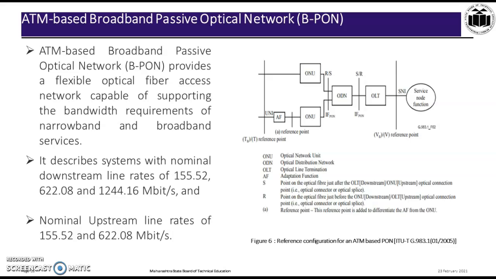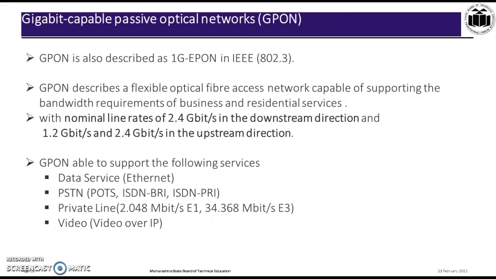It describes systems with nominal downstream line rates of 155.52, 622.08 and 1244.16 megabits per second, and the upstream line rates are 155.52 and 622.08 Mbps.